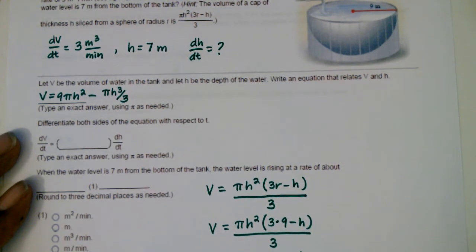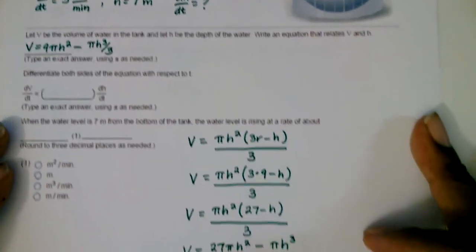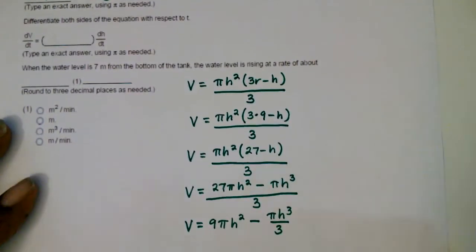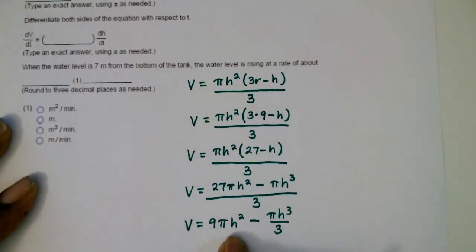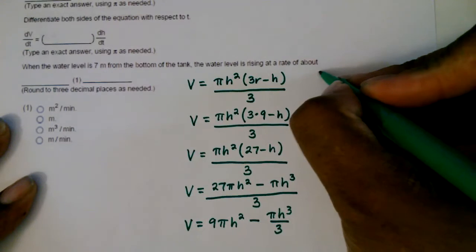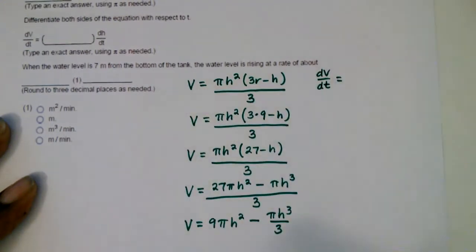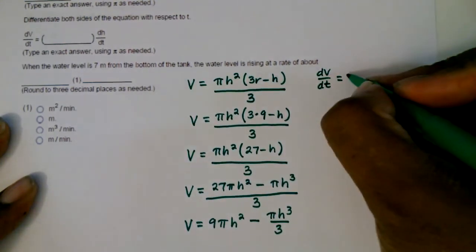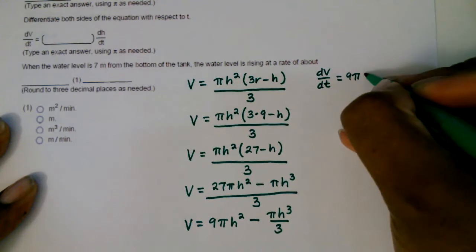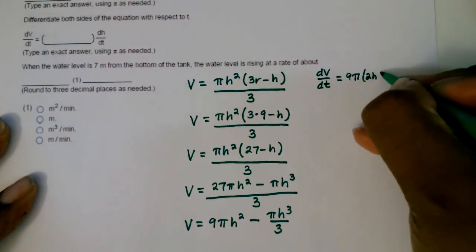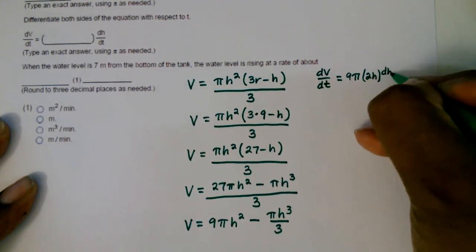Now we're going to differentiate both sides of the equation with respect to time. I'm going to do this on the right side. So this is what V is. I can find dV/dt. Differentiate both sides with respect to time. Here I got 9 pi. I'm going to bring that down. The derivative of h squared will be 2h times dh/dt.